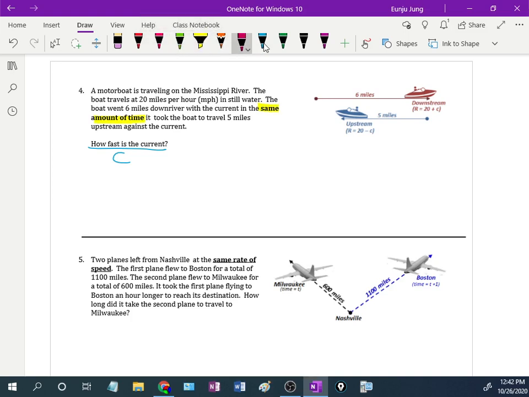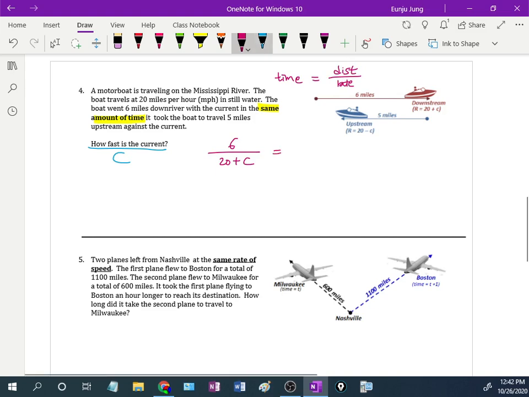set up an equation. The equation for downstream is 6 miles divided by 20 plus C as a rate. The time formula is distance divided by rate, right? So we are using that.